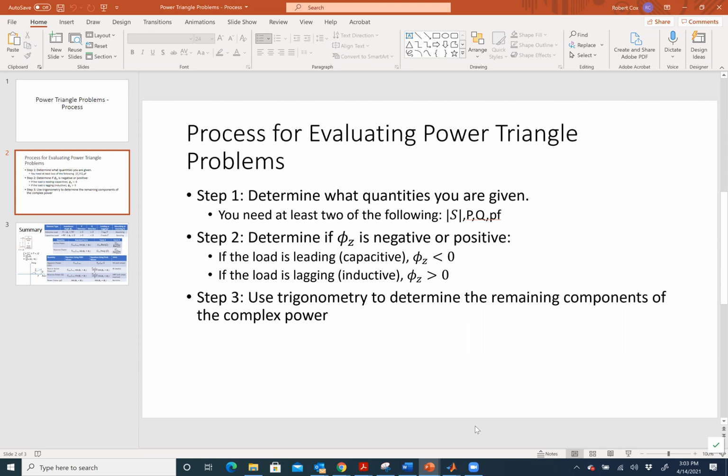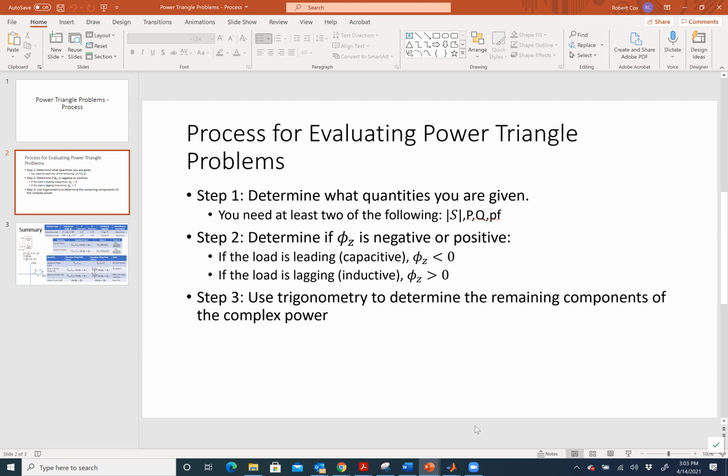Basically, you're always going to be given 2 sets of quantities, right? I need 2 things to be able to figure this out. Usually you're given the magnitude of S, which is what? What's the magnitude of the complex power? What name did that have?